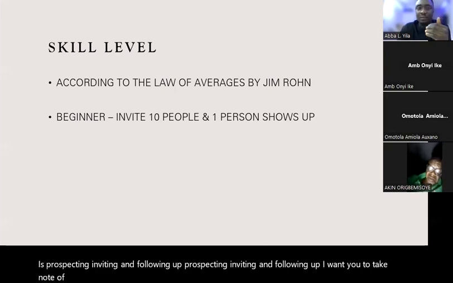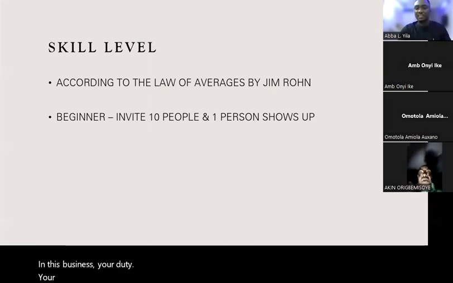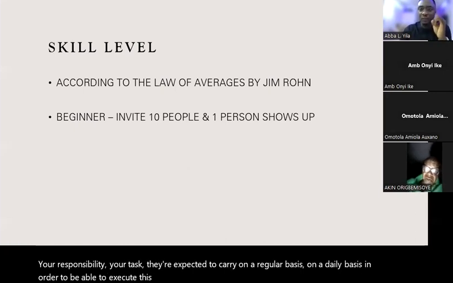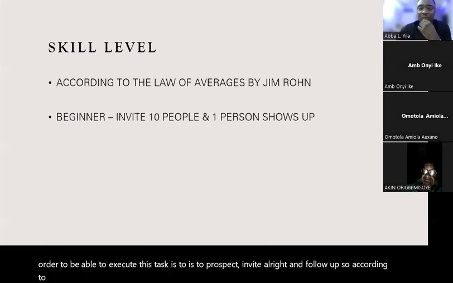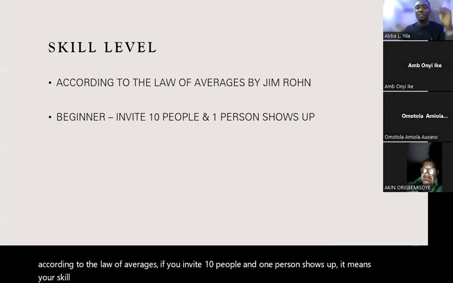As a beginner in this business, your responsibility, your task that you're expected to carry out on a daily basis, is to prospect, invite, and follow up. So according to the law of averages, if you invite 10 people and one person shows up, it means your skill level is a beginner skill level.